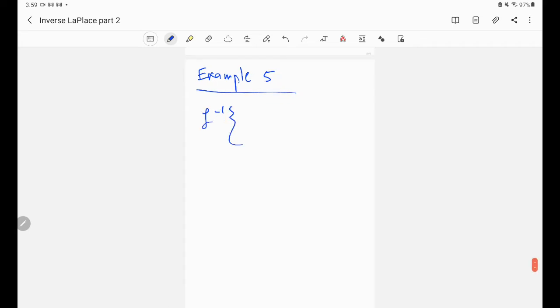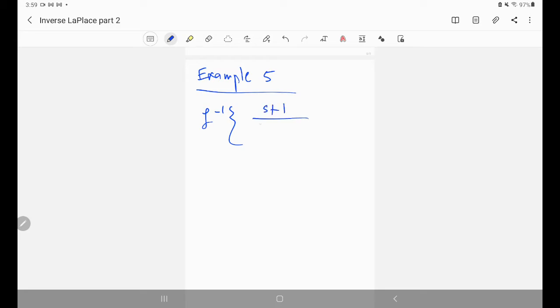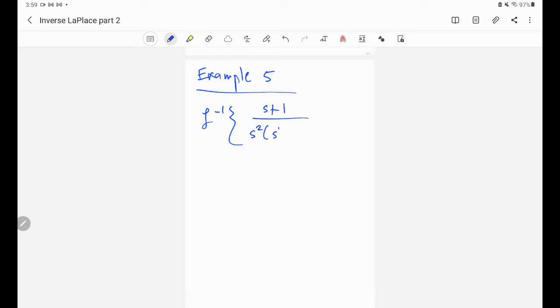We need to find the inverse Laplace of (s + 1) over (s squared plus 9). So this one is quite similar to the one just now. First you need to break it into partial fractions.